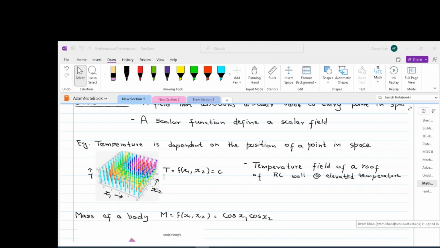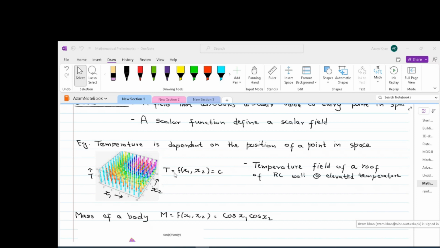So a scalar function can have equations of lines, equations of planes, surfaces, and functions of several variables. One should be able to perform different arithmetic operations on those functions, and the resulting scalar values should also be within the scalar field.